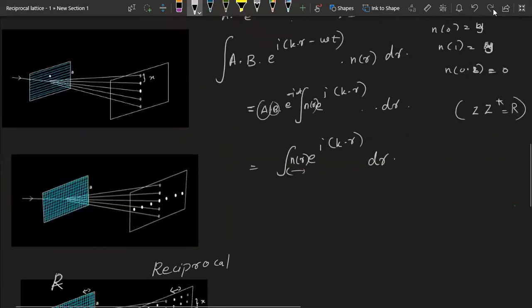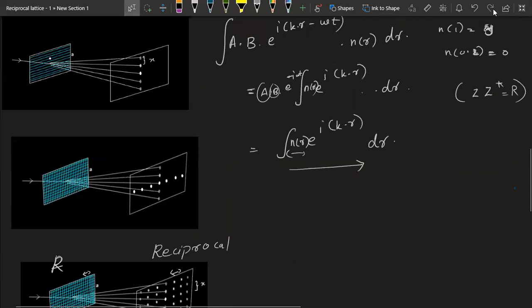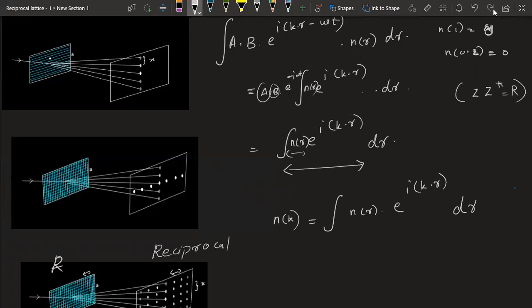If you know this equation, it actually resembles the Fourier transform equation, N of r e raised to i k dot dr. This gives the intensity at each point in this space, N of k. That's why we call it the Fourier transform of real space. What we do is calculate the diffraction: what is the intensity of the spots appearing here, what is the intensity at a particular point on this screen?